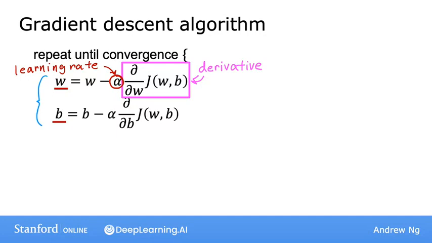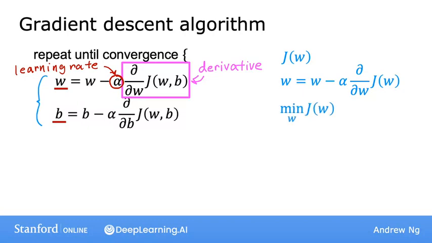Let's say you have a cost function J of just one parameter w, where w is a number. This means that gradient descent now looks like this: w is updated to w minus the learning rate alpha times d over dw of J of w. And you're trying to minimize the cost by adjusting the parameter w.